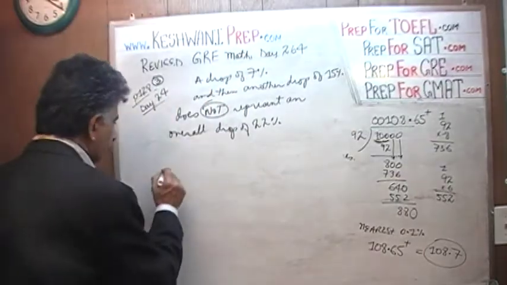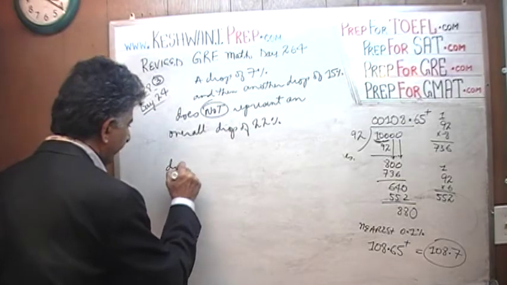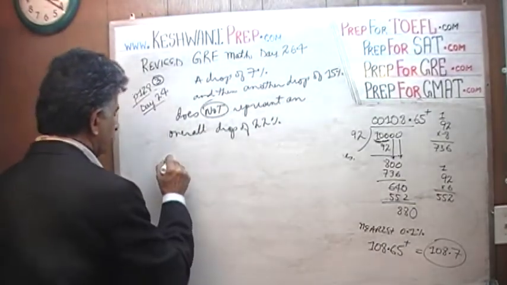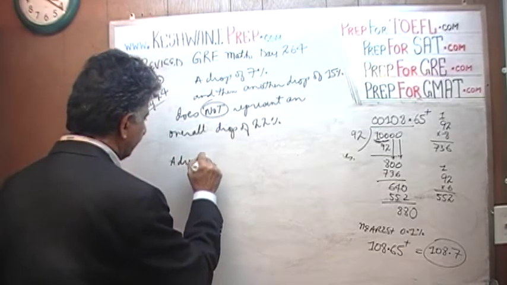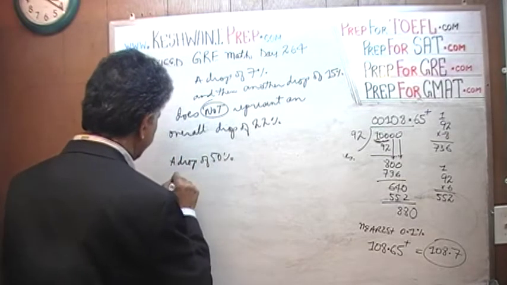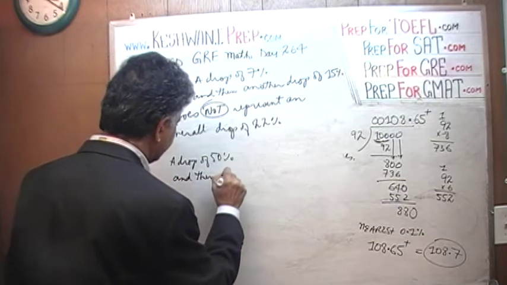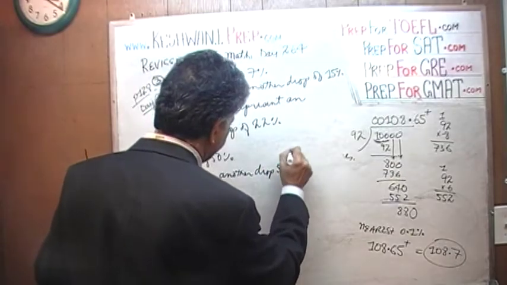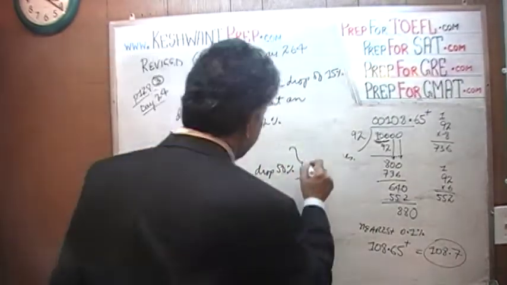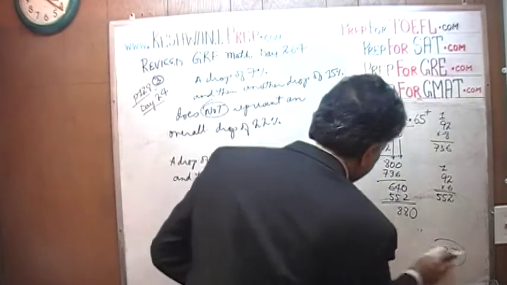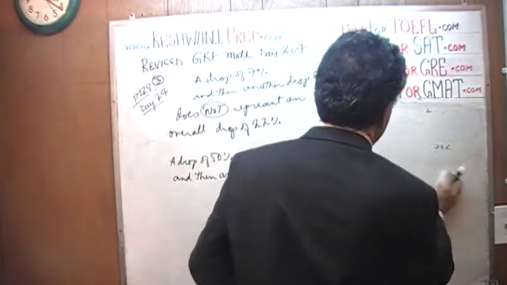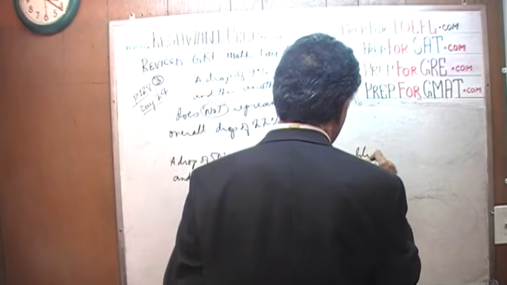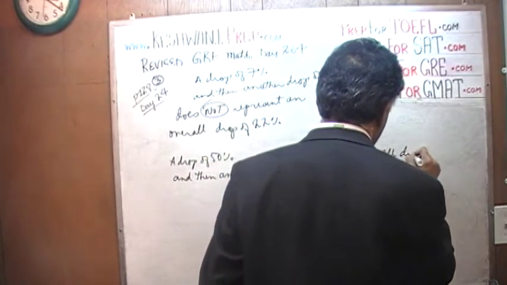Look, if we have a drop of 50%, and then another drop of 50%, does not imply that the quantity will disappear.